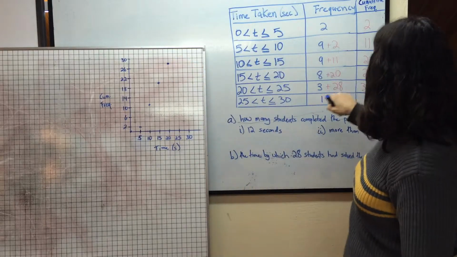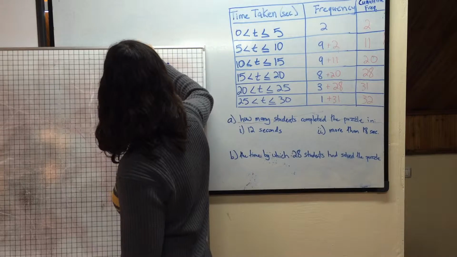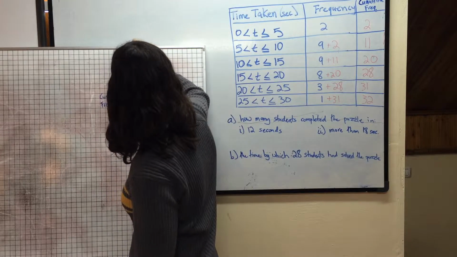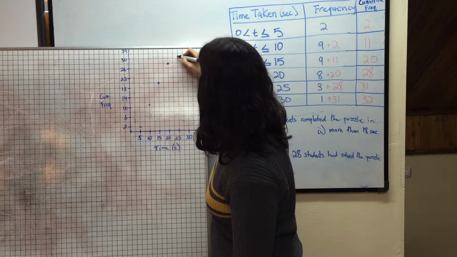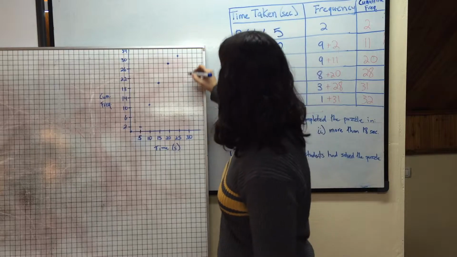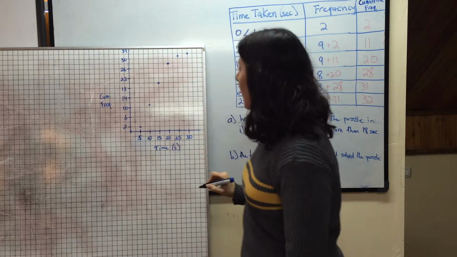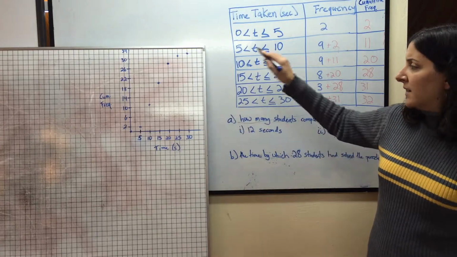Oh, and I didn't do it high enough. 25, 31. So we'll keep this going. So 25, 31, which is going to be in between. And 30, 32. Now, when you do these cumulative frequency diagrams, we will do a connection between them.